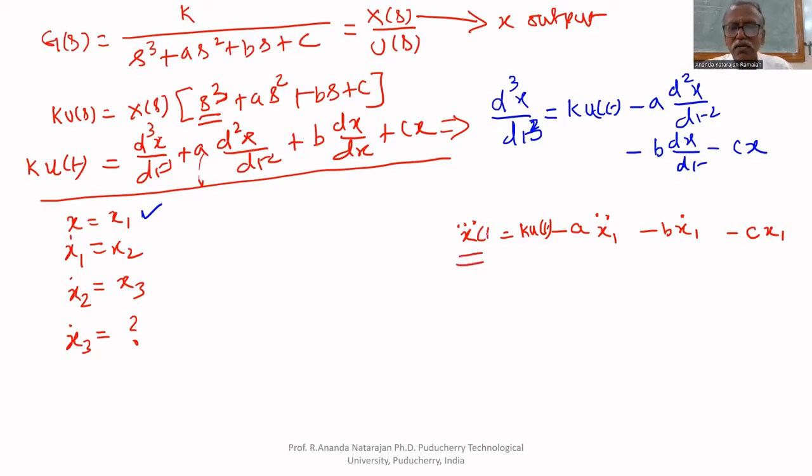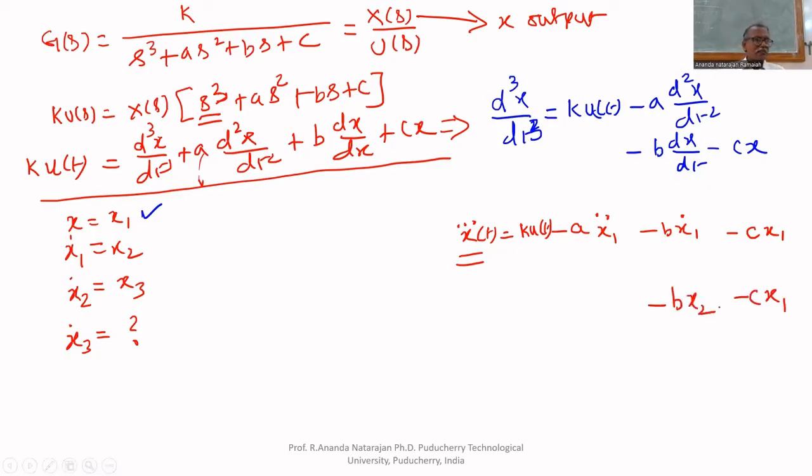X1 triple dot of t equal to k u of t minus a x1 double dot minus b x1 dot minus c x1. But x2 equal to x1 dot. That's why I can write this as, I am writing c x1 as such, but x1 dot is x2. That's why b x2 I am writing.